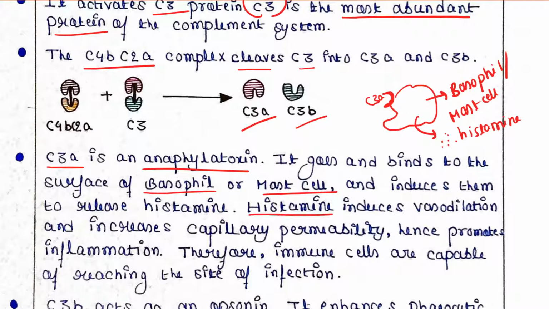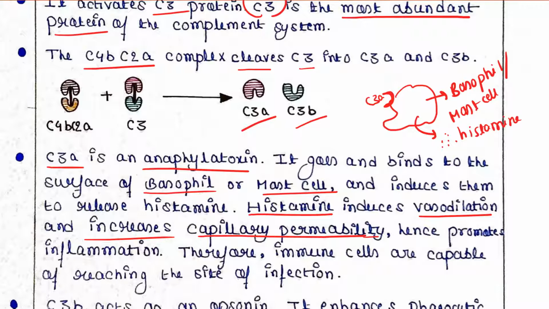This histamine induces vasodilation and increases capillary permeability. So what is vasodilation? Vasodilation is nothing but the increase in the diameter of blood vessel. So the blood vessel diameter is increased, that is called vasodilation.